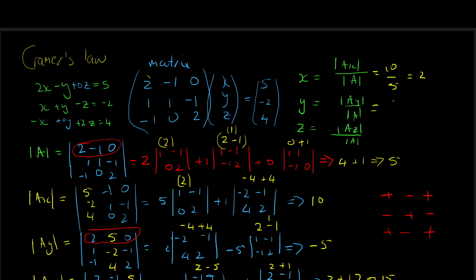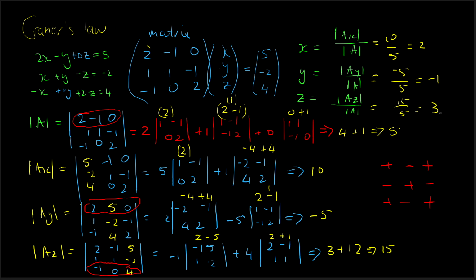AY is minus 5, and the determinant of A is 5, so that's going to be minus 1. And AZ is 15 divided by the determinant of A, which is 5, which then is equal to 3. Okay, so this is how we solve the 3 by 3 equations with Cramer's rule.